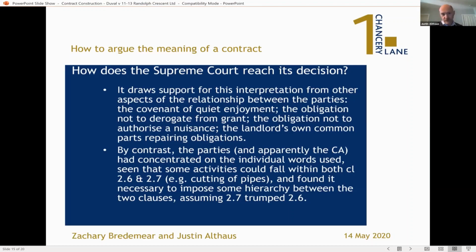And since the parties took that route, they found it necessary to impose some sort of hierarchy between the two clauses. And the approach that the Court of Appeal was taking was that Clause 2.7 trumped Clause 2.6, so that if the activity fell within Clause 2.7, it was subject to an absolute prohibition, and the tenant would not be able to obtain the license of the landlord.